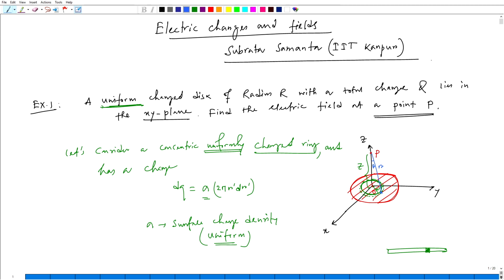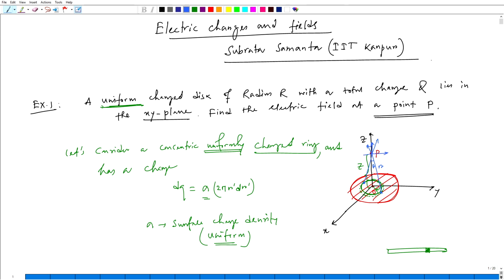So, in this case the electric field at point P has these directions, okay, and similarly for the opposite point, the electric field has these directions, and the only non-zero component is the z component.